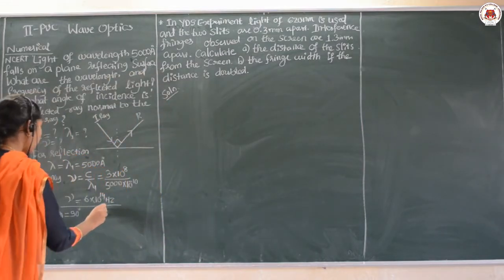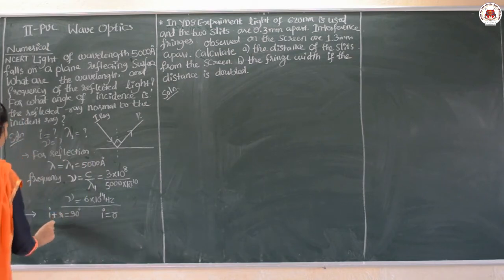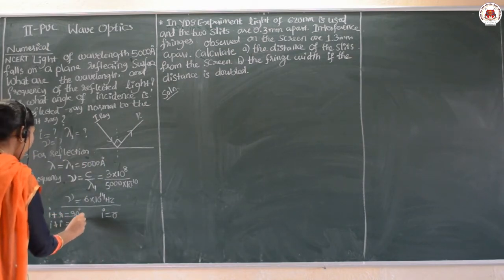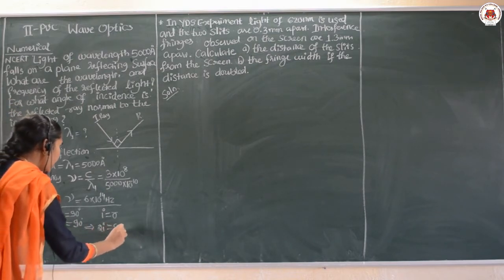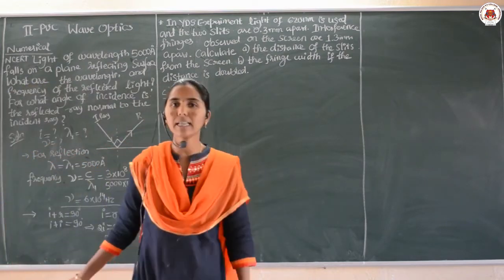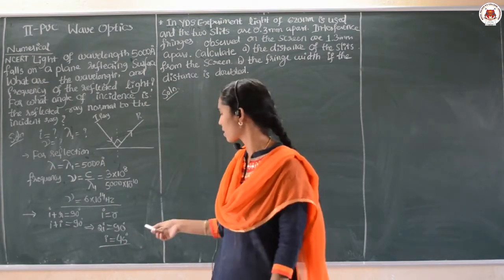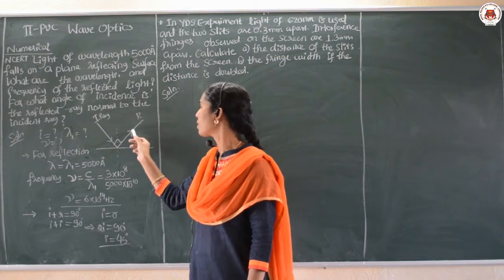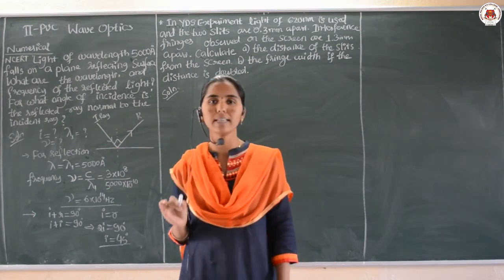Therefore, if you use the condition i equals r, in place of r you can substitute i. i plus i is equal to 90 degree, that implies 2i is equal to 90 degree. Therefore, the incident angle i is 45 degree. So when the angle of incidence is 45 degree, the reflected ray and the incident ray are normal to each other.